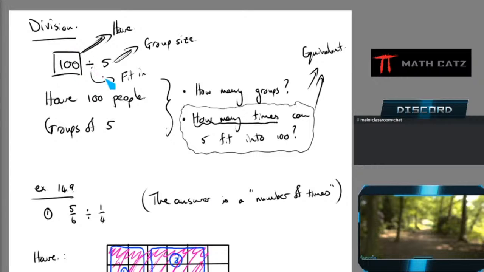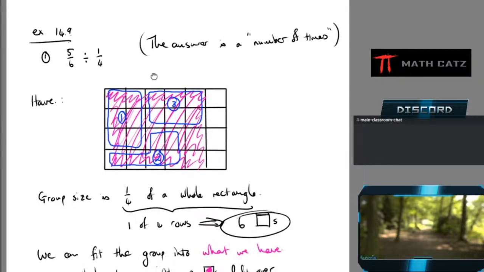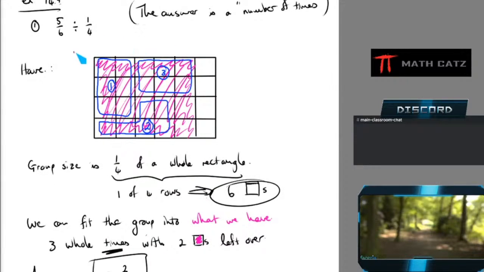But it's all connected to my understanding that's already established when it comes to integer division. Group size, how many groups can fit, or how many times can I fit a group of a specific size? Those things are equivalent when it comes to the intuitive understanding of division. I'm doing the same thing. I just have to convert these fractions to integers in a way, definitely the group size. And for what I have, I didn't even bother writing that as 20 and doing division.